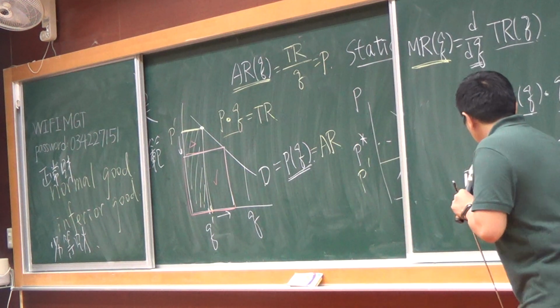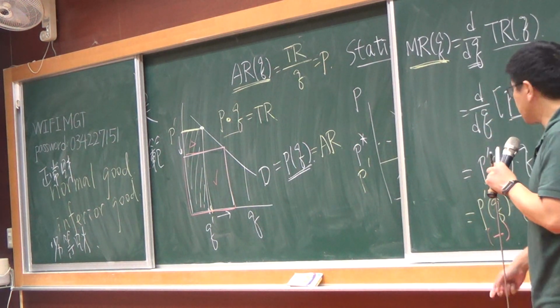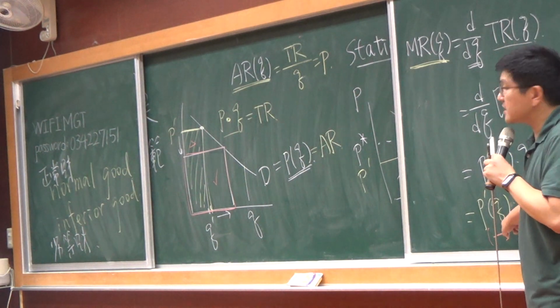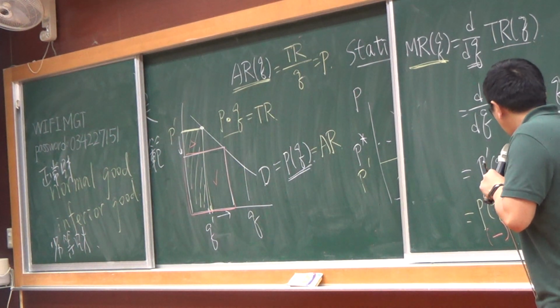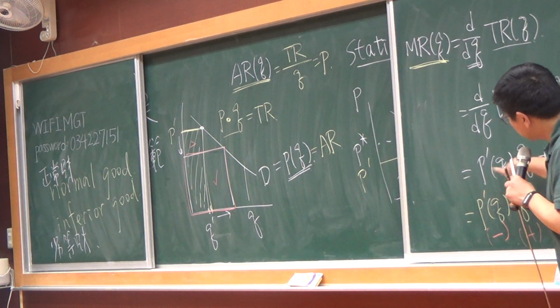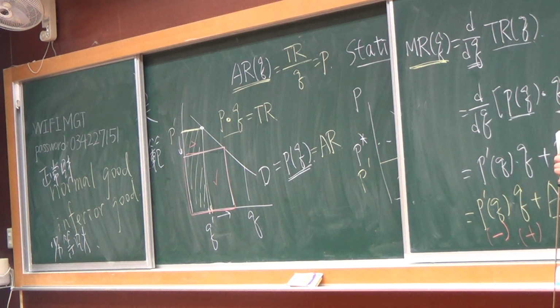So P prime is negative because the law of demand should be satisfied. And quantity, of course, is positive. So the value of this part is a negative one.